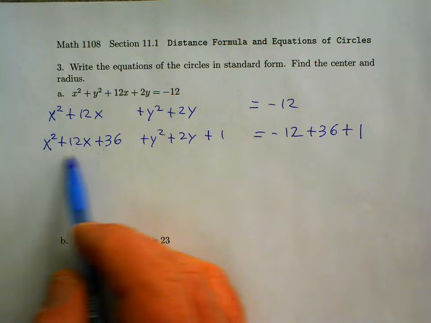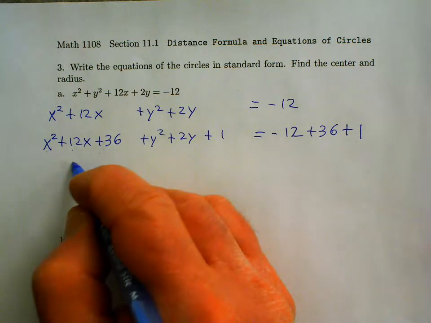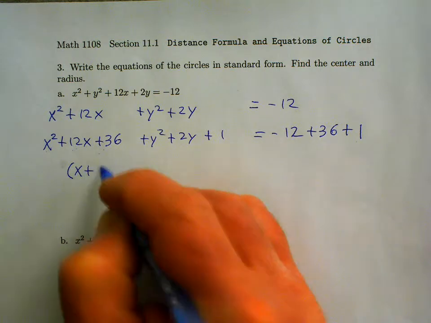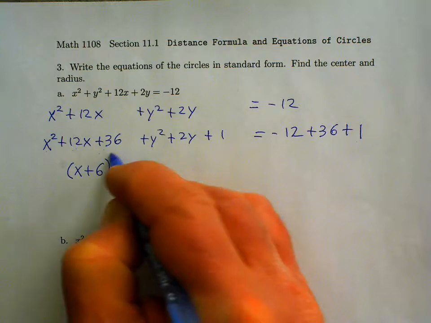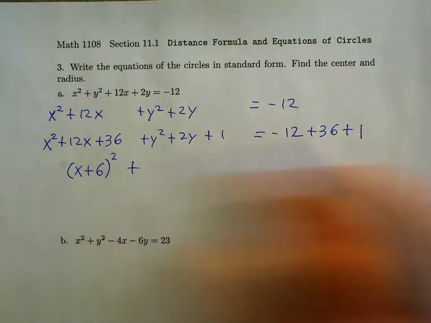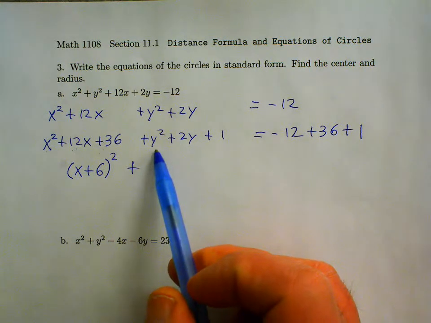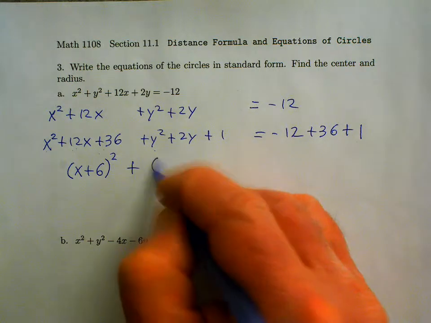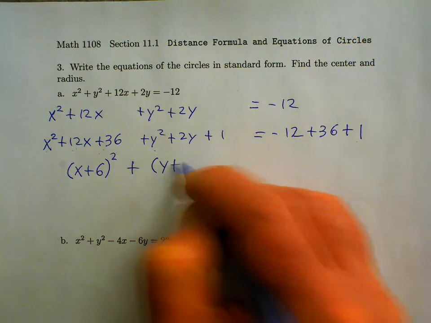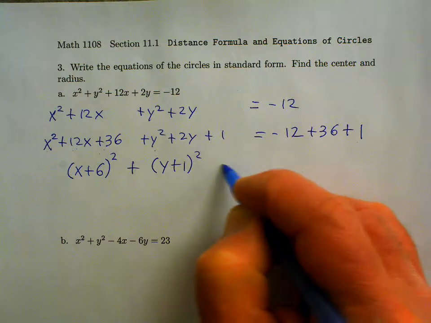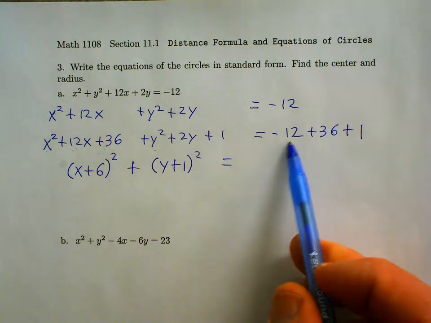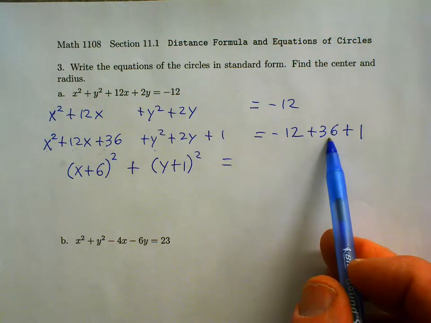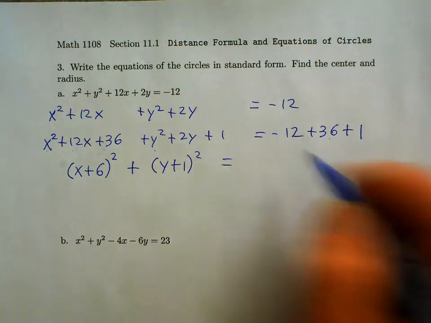X squared plus 12x plus 36 is the binomial x plus 6 squared. And then we add that to y squared plus 2y plus 1, which is equal to the binomial y plus 1 squared. And then on the right-hand side, -12 plus 36 is 24. 24 plus 1 is 25.